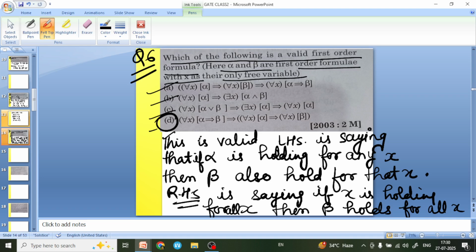On the left hand side, we can say alpha is holding for any x, then beta is holding for that x. On the right hand side, for all x, if alpha is holding, and for all x then beta is also holding for all x.